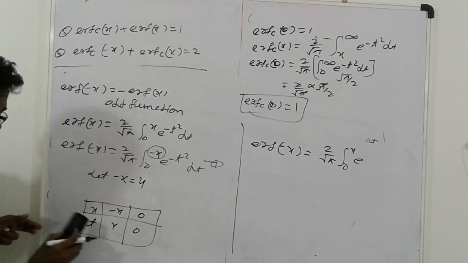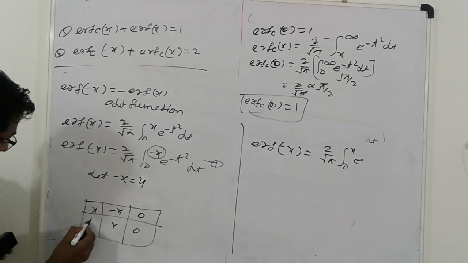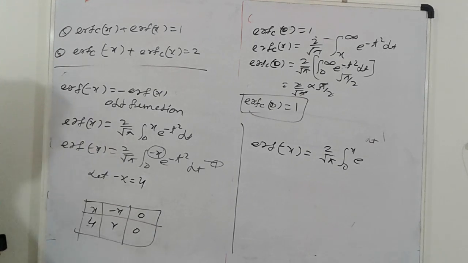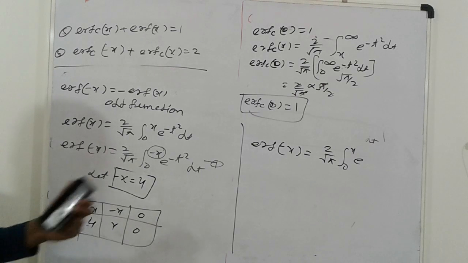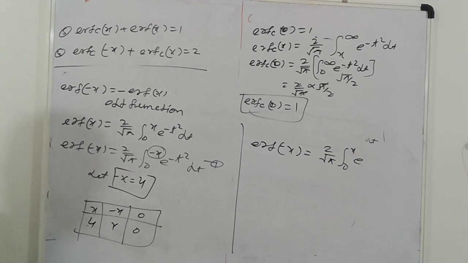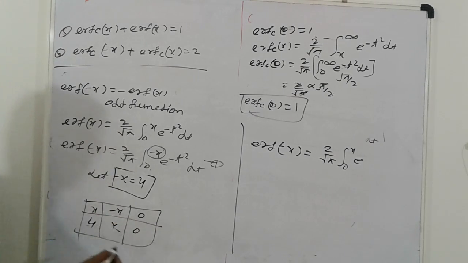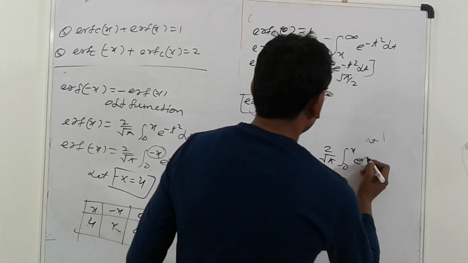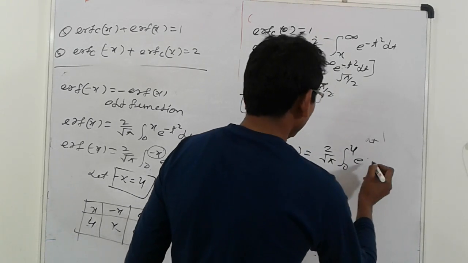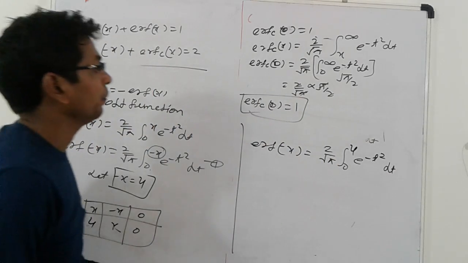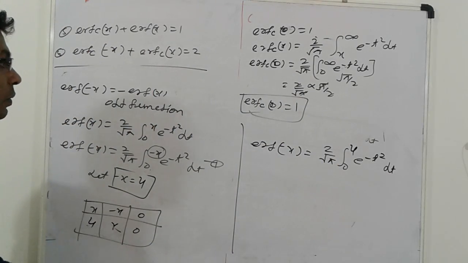So here we consider u. Okay, that is u. So minus x is here, only the limit is changed. That term is considered different. So the limit changes, 0 to x, and here 0 to u, and e raised to minus t square dt.